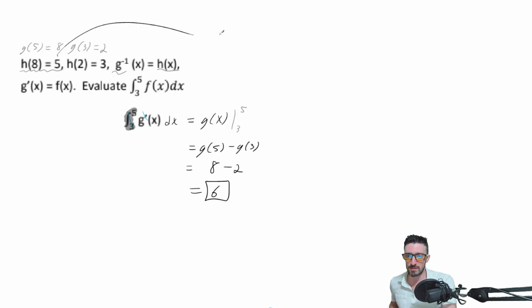Now, if that last part was a little difficult for you, maybe you want me to explain it. Think about it. H is equal to the inverse of g. So they were basically telling you that g inverse of 8 equals 5. Well, that's telling you in the g inverse world you've got 8 comma 5. But in the g world, you've got 5 comma 8.